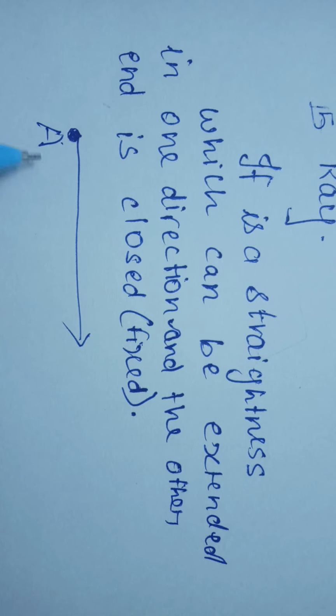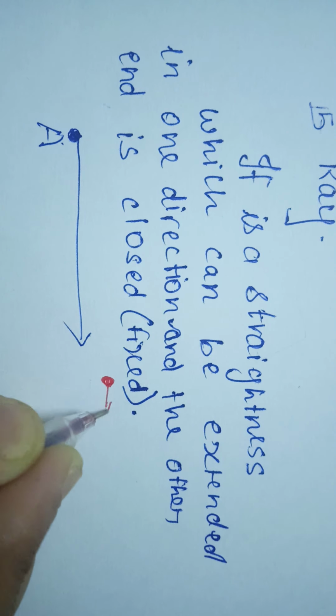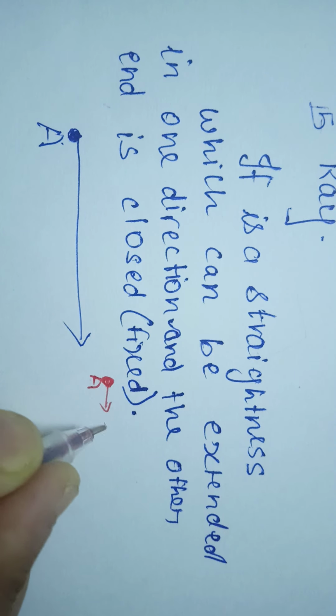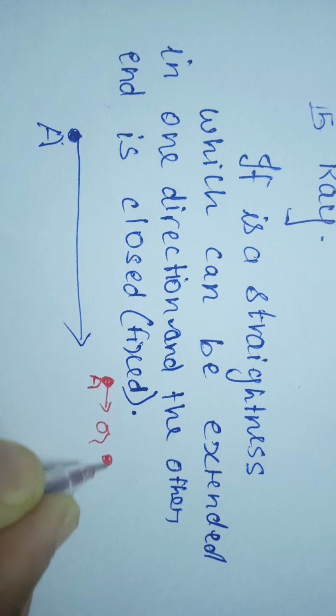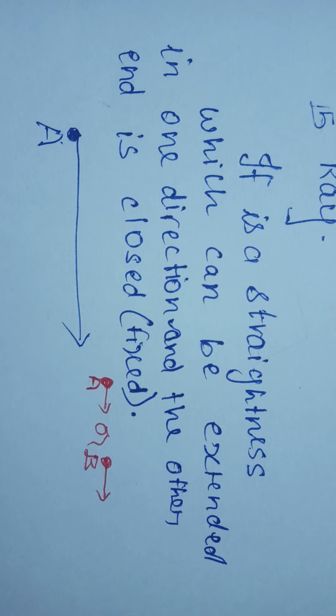Suppose this point A is the fixed one, in the other direction it can extend. Now how you will represent a ray is AB, or you can keep the points any name. I have given B or A, anything you can write. Till here it's clear, right?